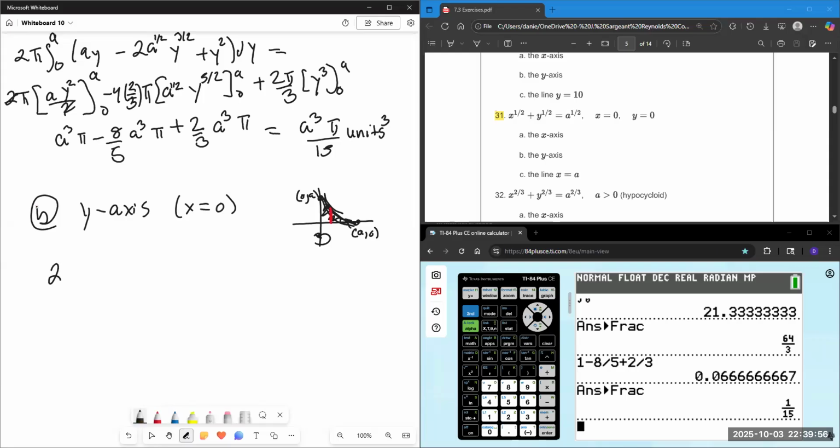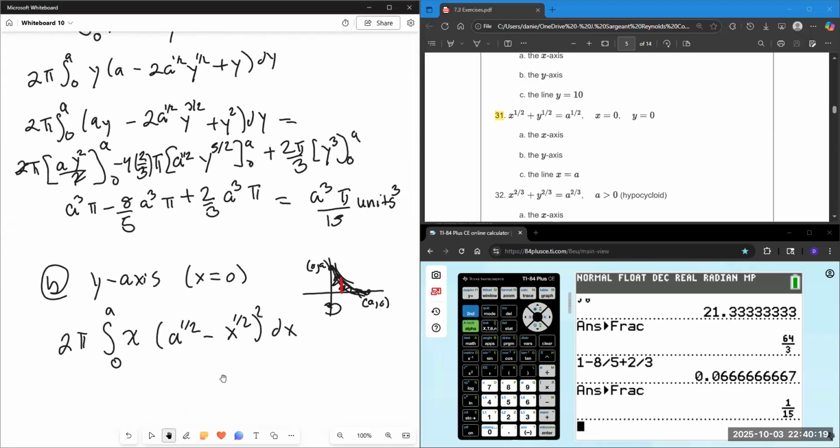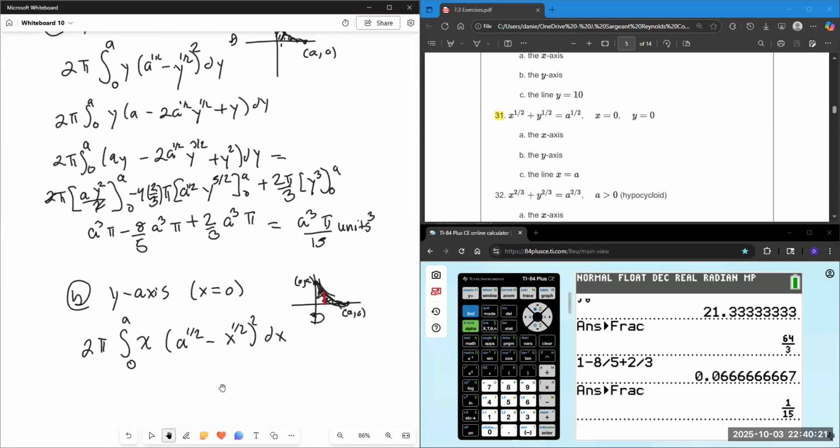We're going to get 2 pi, and now x is going from 0 to a, and the distance away is going to be x times a to the 1/2 minus x to the 1/2 squared dx, which is exactly what I had up here for part A, but with a change of variables.